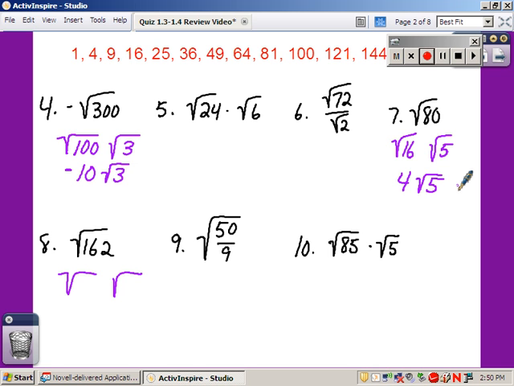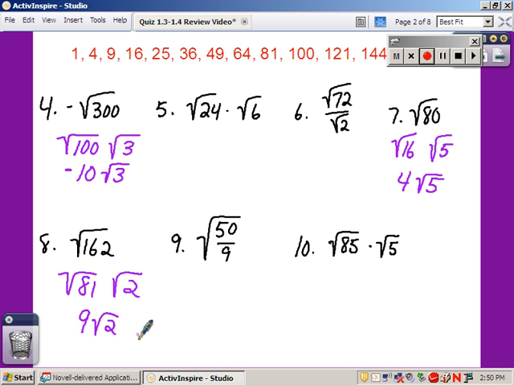Now I'm down here to 162, and again I'm looking for the biggest one. I think 9 would go into this, but that's not big enough. Actually, 81 is the biggest perfect square that goes into this one. 81 times 2. The square root of 81 is 9, and the square root of 2 is left over.